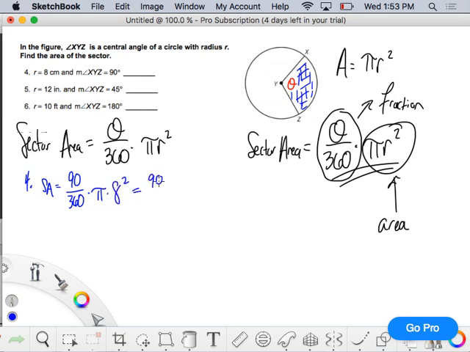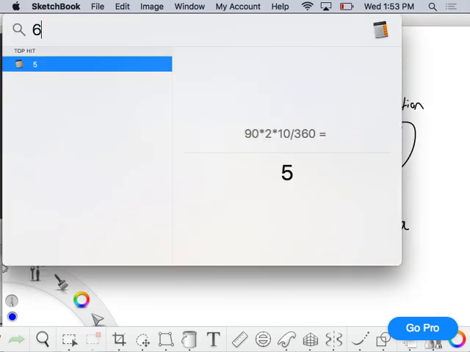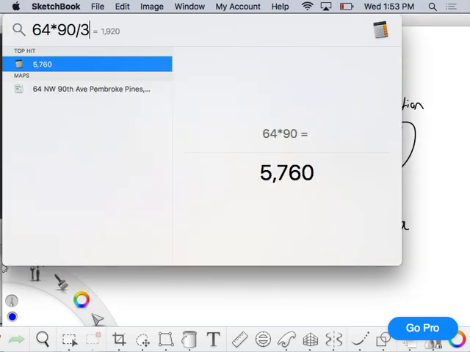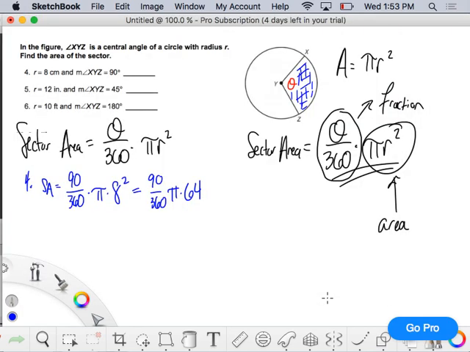So it's 90 over 360 pi, what's 8 squared? 64. Very good. So it's 64 times 90 over 360 is 16 pi.